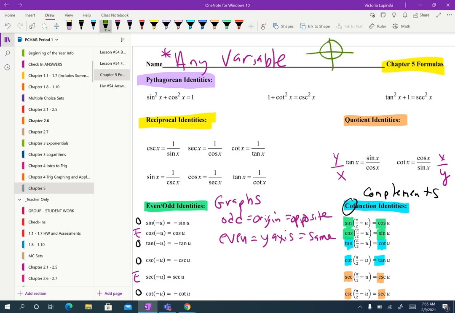If you think about the unit circle, remember the equation for a circle is x squared plus y squared equals 1. Then remember that on the unit circle, cosines are x's, and sines are y's.